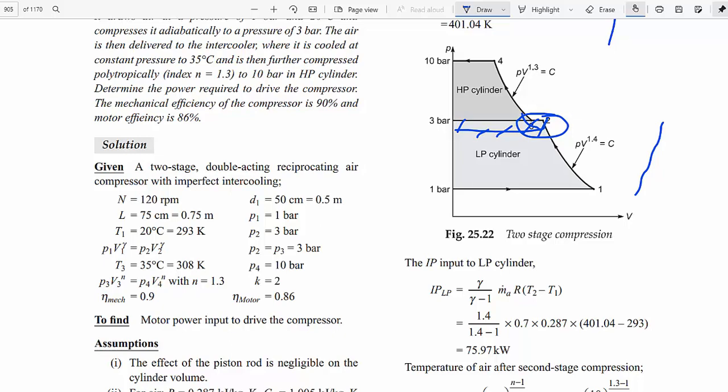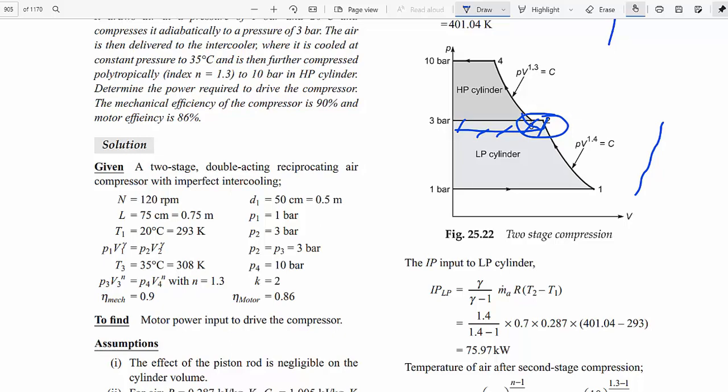But we cannot eliminate the intercooler, because temperature plays a major role. The pressure is slightly reduced, and we can compensate for that slight reduction. That's no problem. But let's come to the problem.